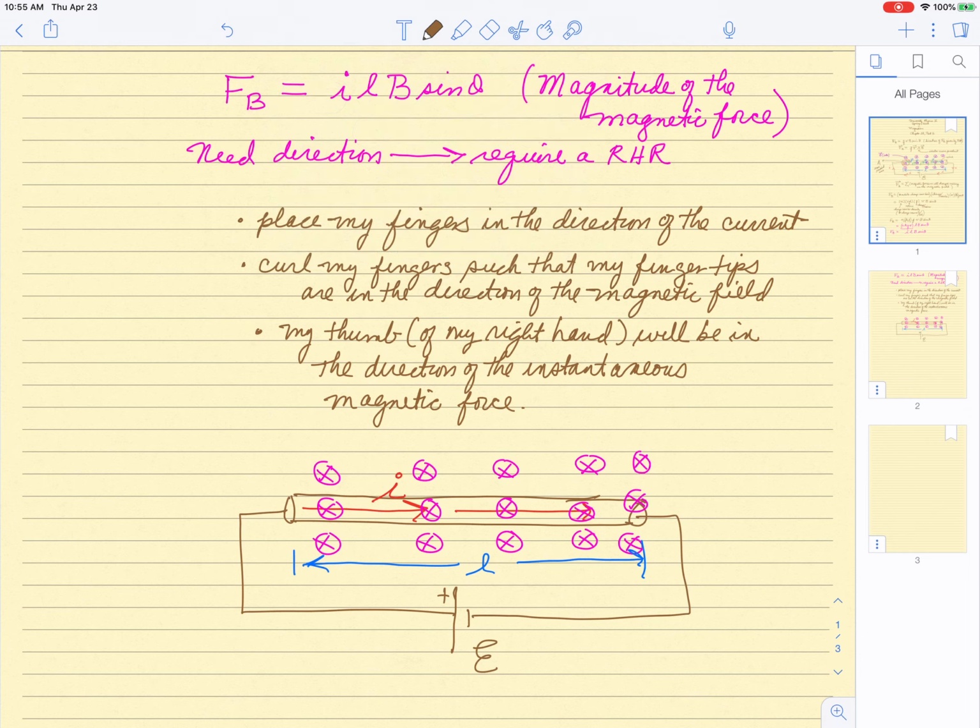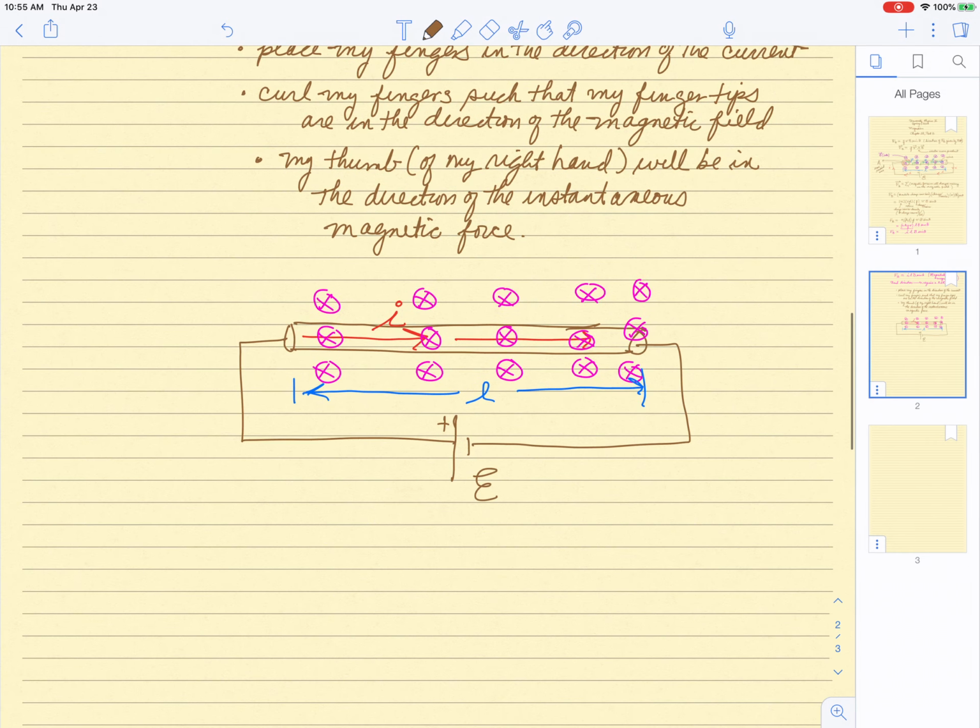The magnitude of the force is going to be ILB sine of theta. Theta is equal to 90 degrees in this case. Doesn't need to be. Okay.